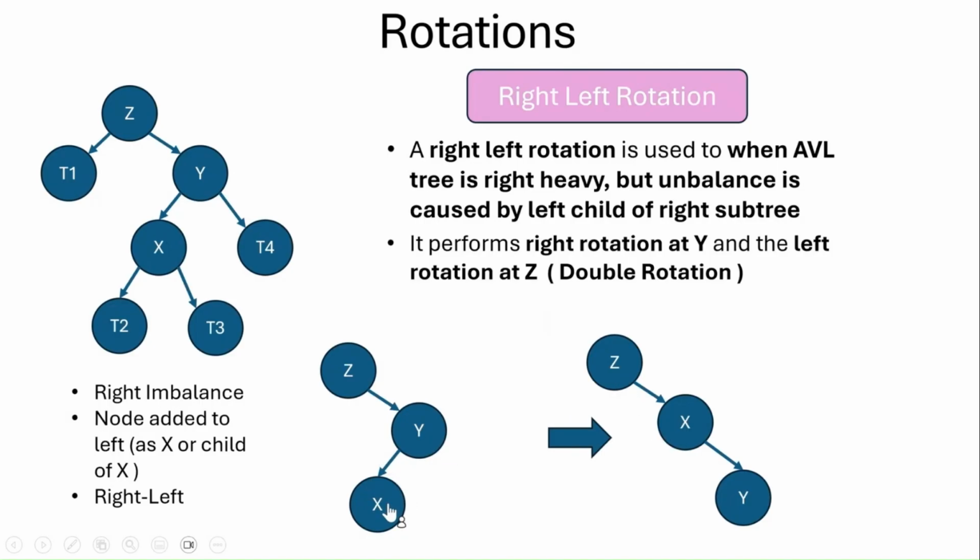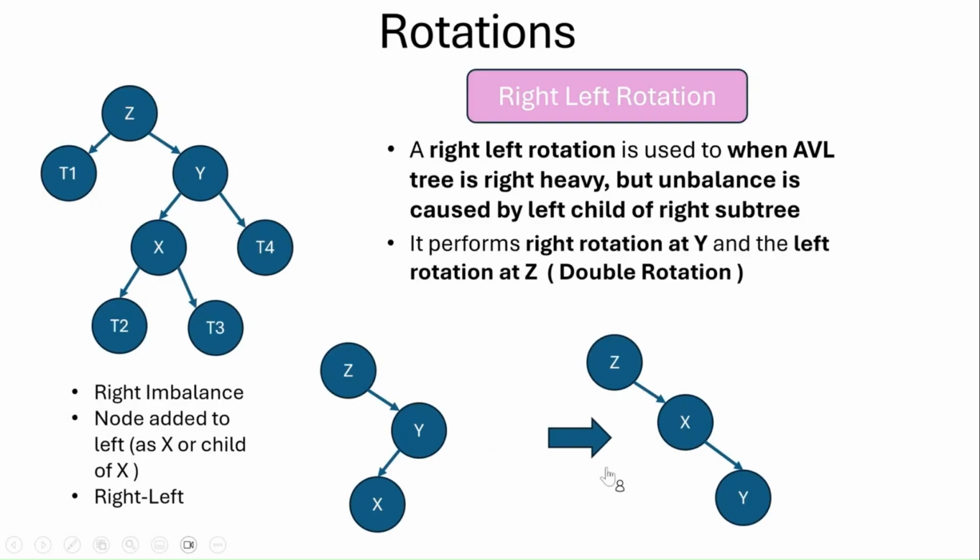Then X is less than Y. So if X becomes the root, then Y can be easily made a right child of X. So it will still hold the binary search tree property, and we can basically break the zigzag nature.